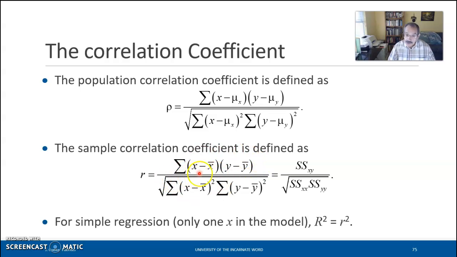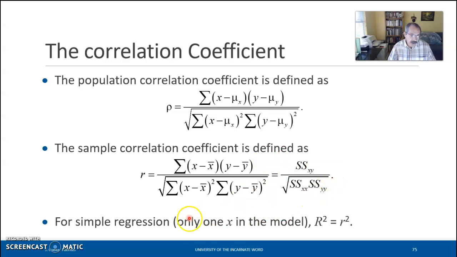Now, you could calculate the sample correlation coefficient using these sums, or you can calculate using the sum squares of xy, xx, and yy. You will have these sum squares from your calculations of the regression intercept and slope coefficient, and from calculating the standard deviation of the residuals.